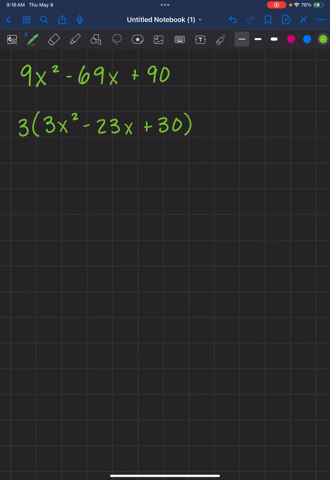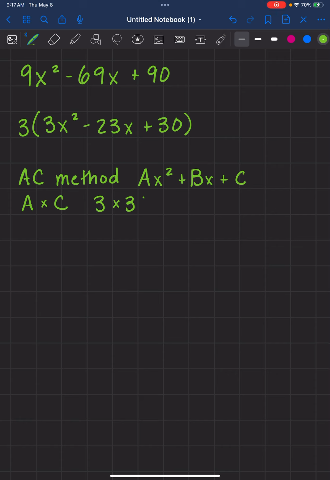So to do the AC method, we are relying on that idea that a quadratic is ax squared plus bx plus c. And so for the AC method, we need two numbers that multiply to the A value times the C value. And here we have 3 and 30, which equals, of course, 90.